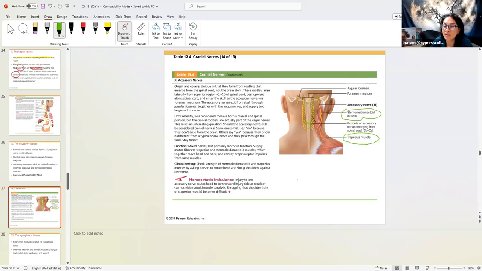It has only motor function. If you want to check cranial nerve number 11 and make sure it works properly, you can ask the patient to rotate their head or shrug their shoulders against resistance, and by this test you can make sure the accessory nerve is working properly.